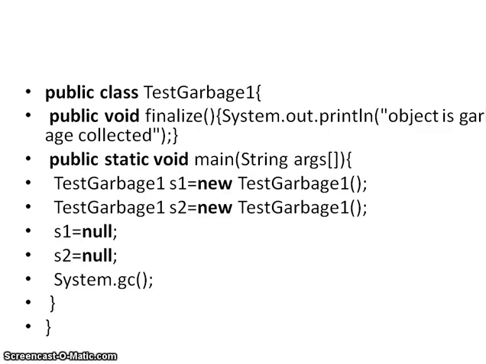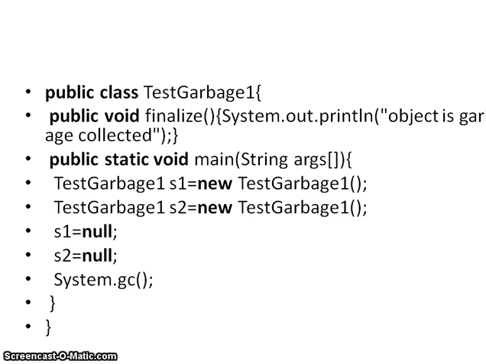Now let's see one example. TestGarbage1 is the class, and I have defined the finalize method. In the finalize method, I print "object is garbage collected". In the main method, I am creating objects of the class, S1 and S2.